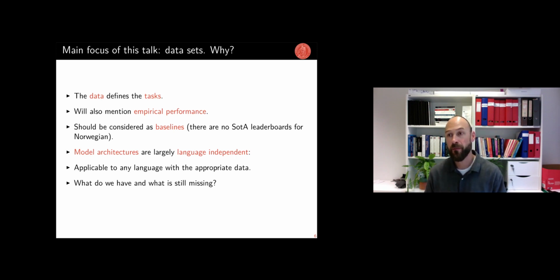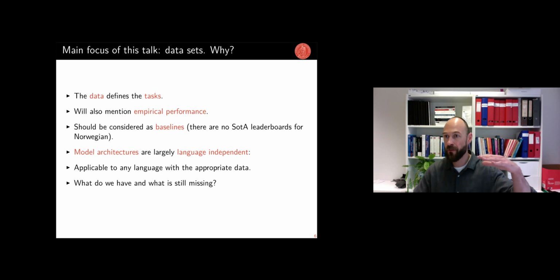But at the same time, I'm also going to be mentioning evaluation figures, empirical performance. But most of these numbers that I'll be citing should be considered as baselines, because in NLP in general, there's a lot of focus on state-of-the-art results and so-called leaderboard chasing.